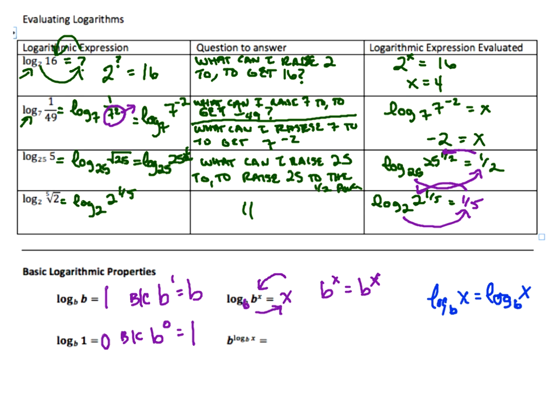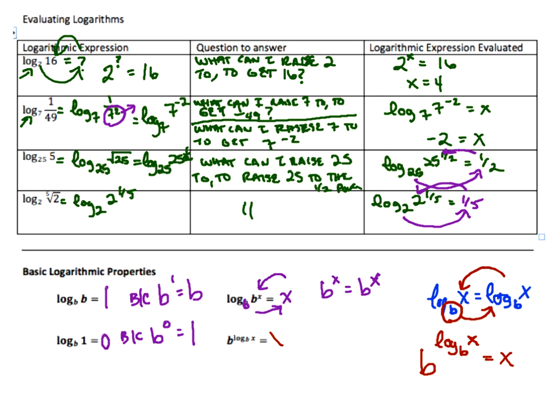And if I use the rules of changing to exponential form, I start at the base, raise to the is, and that equals the of. So b raised to the log base b of x has to be x.